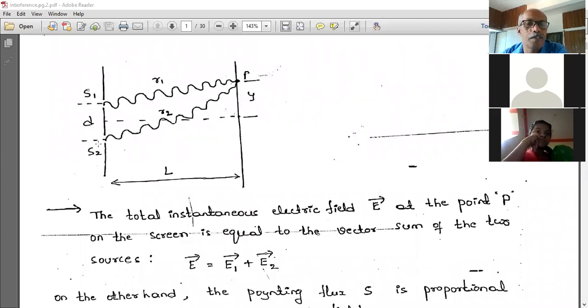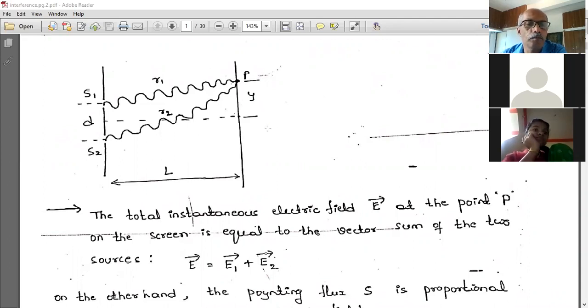The distance between slits and screen, in this case, is taken as capital L instead of capital D. This is the center of the screen, point C, as we called it earlier. From this point C to point P, the distance is y, as usual.